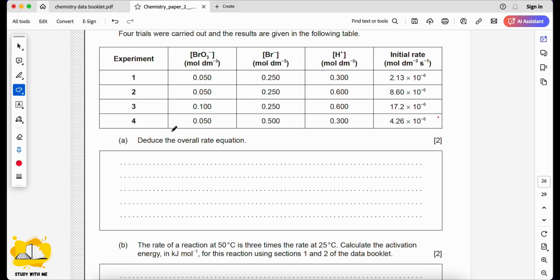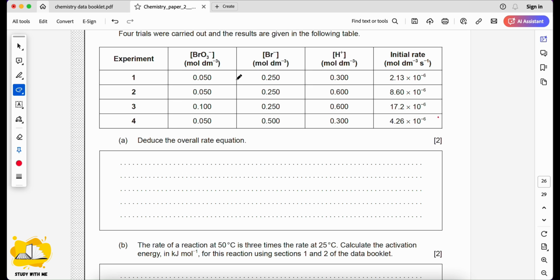To find out the order, we have 3 orders: zero order, first order, and second order. For zero order, when you change the concentration, it doesn't affect the rate. First order, when you double the concentration of reactant, it will double the rate as well. Second order, double the concentration of reactant, quadruple the rate.